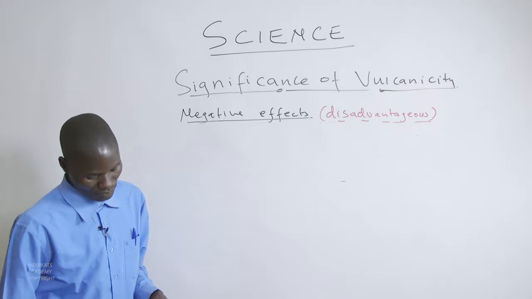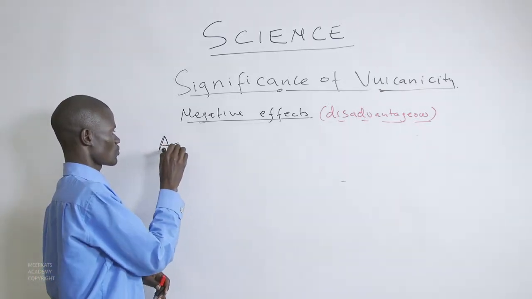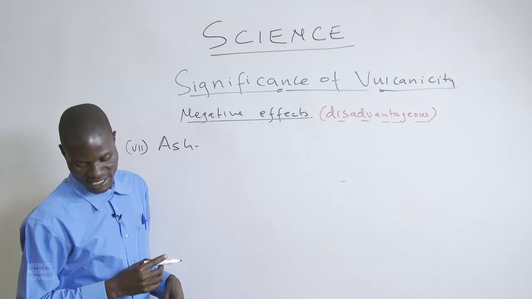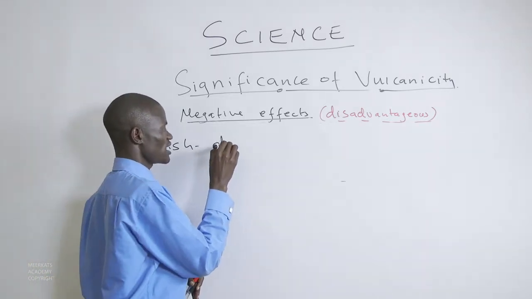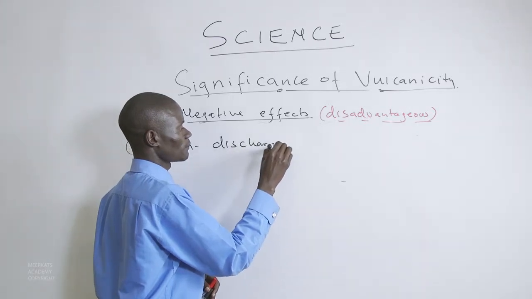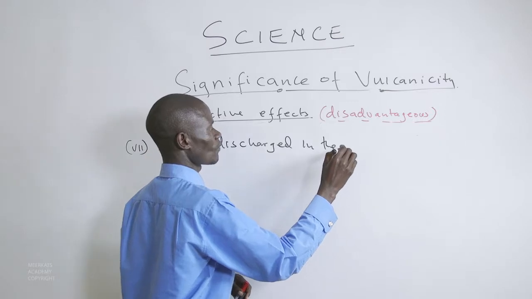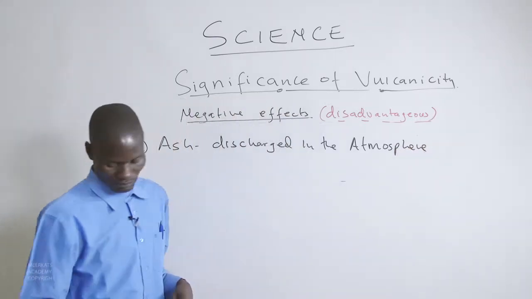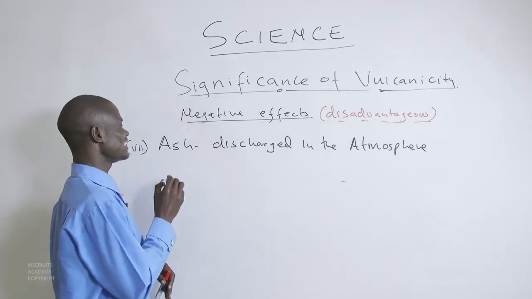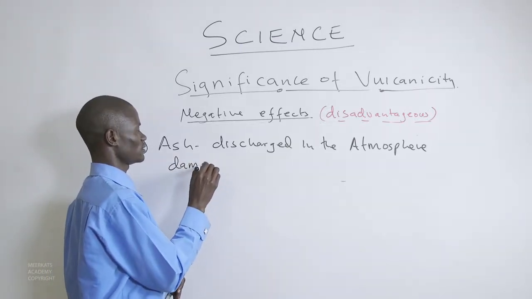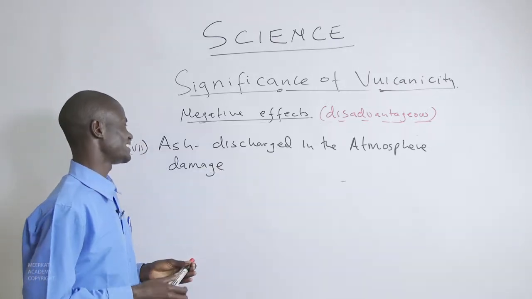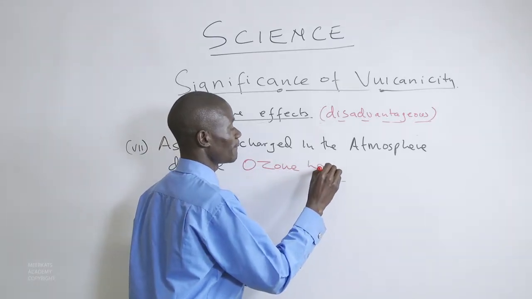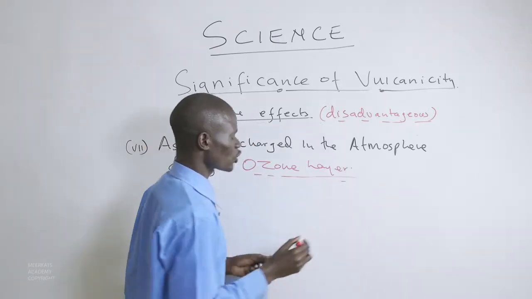Effect number 7, we will have the ash. Ash that is emitted, or discharged into the atmosphere, can lead to the damage of a very important layer in the atmosphere called the ozone layer, because some of the gases may contain chlorine.